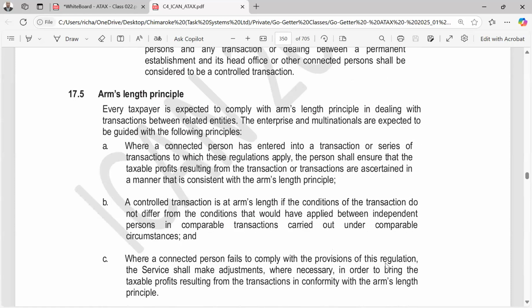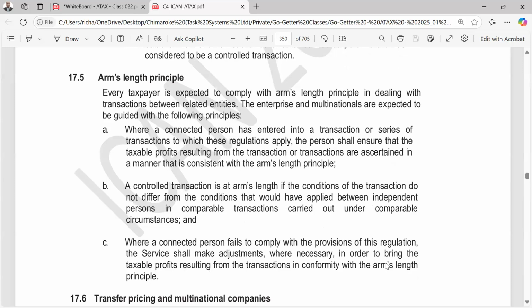Now let's look at the arm's length principle. This is a subheading that deals with that. Now, every taxpayer is expected to comply with arm's length principles in dealing with transactions between related enterprises or entities. Now, the enterprises and multinationals are expected to be guided by the following principles. Now, look at the principles here.